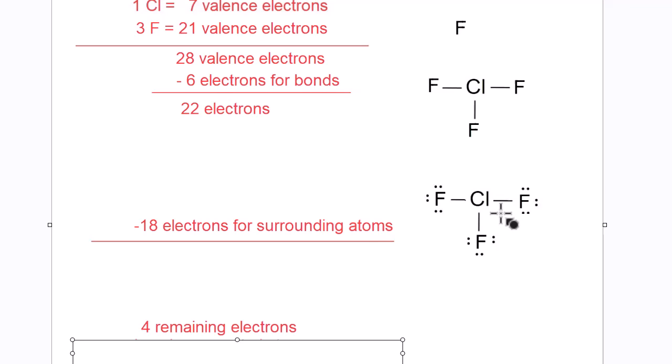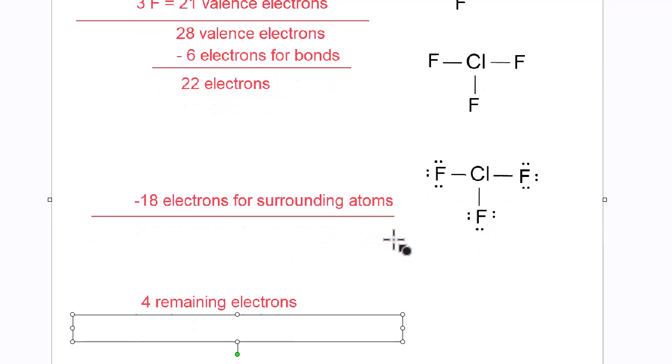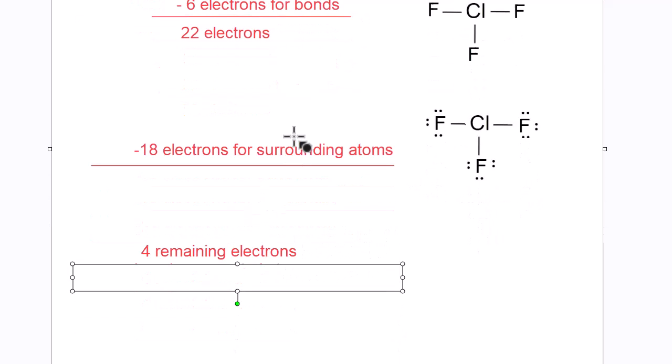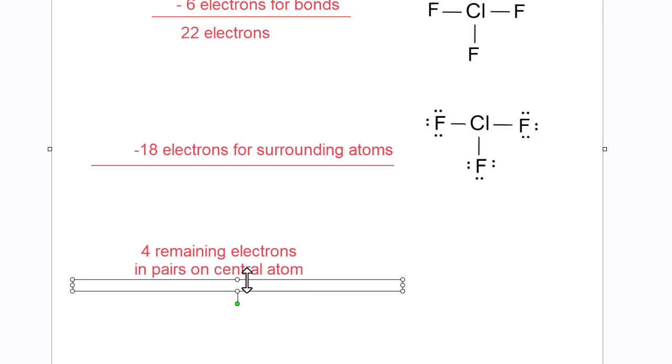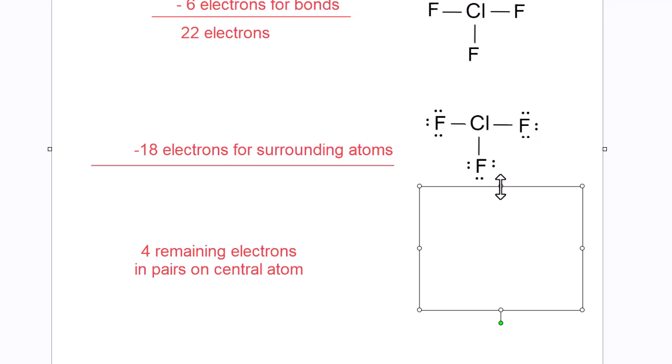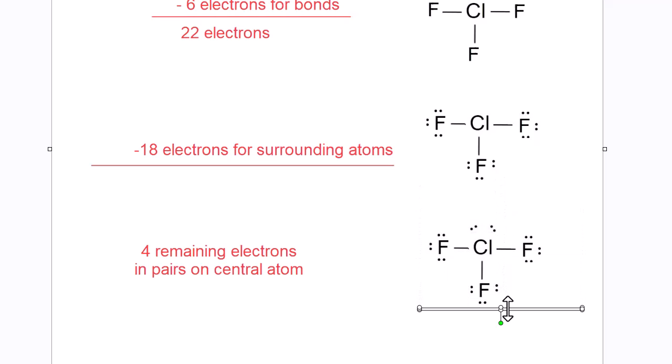Chlorine is in the 3rd energy level, so it's got room for more than 8 electrons. It's got a D subshell where those electrons can be used as locations for them. So we put them in pairs on the central atom, and let's see what that looks like. There they are, 2, 4, each of these in an orbital.